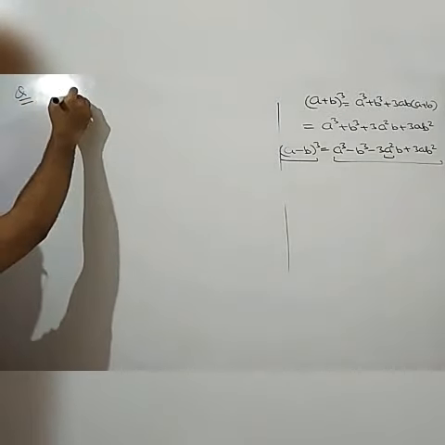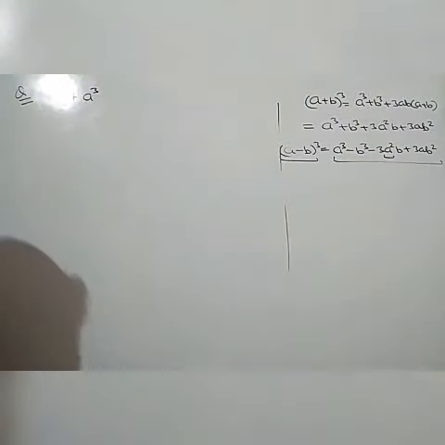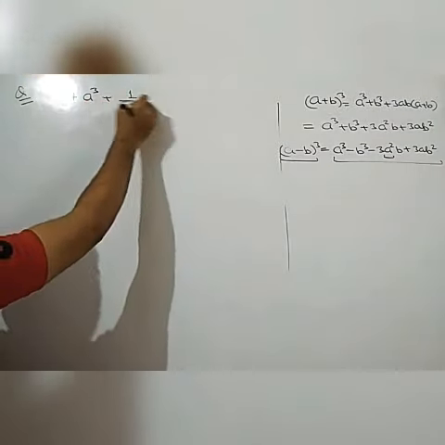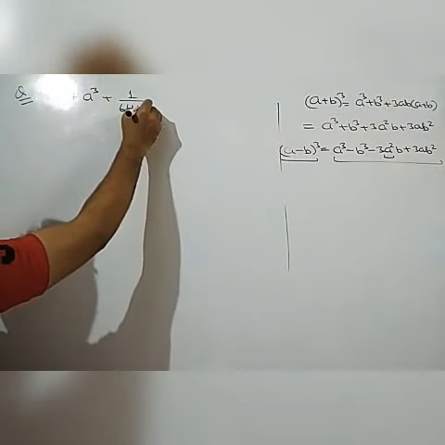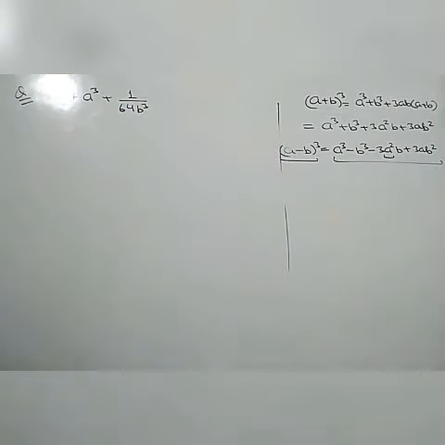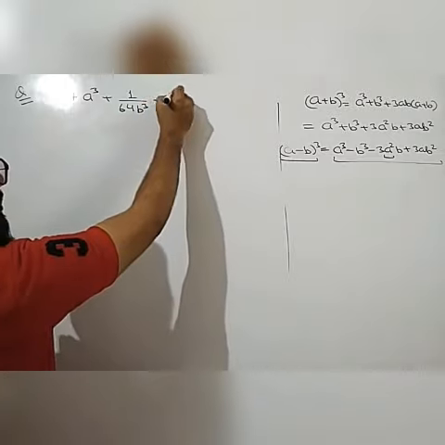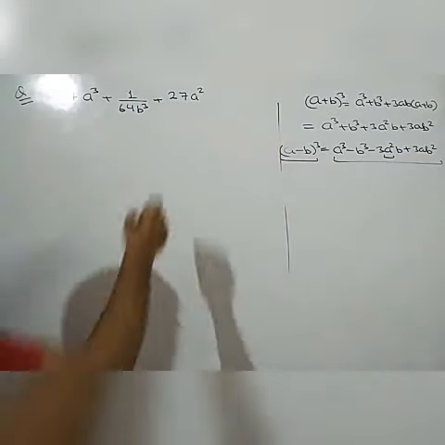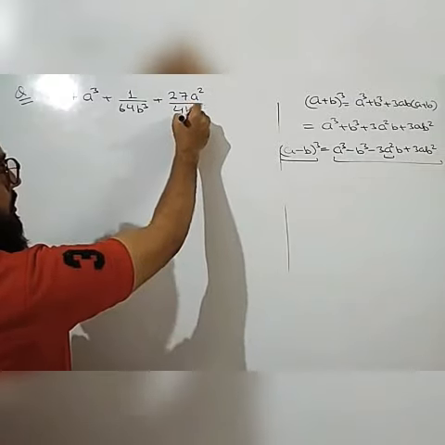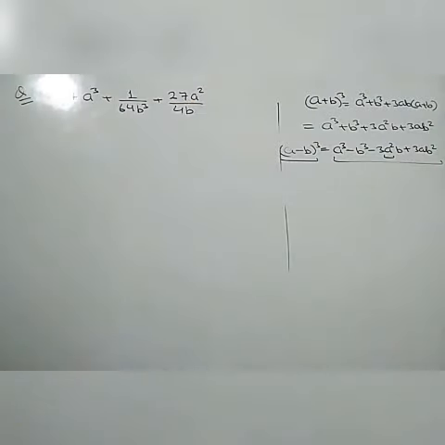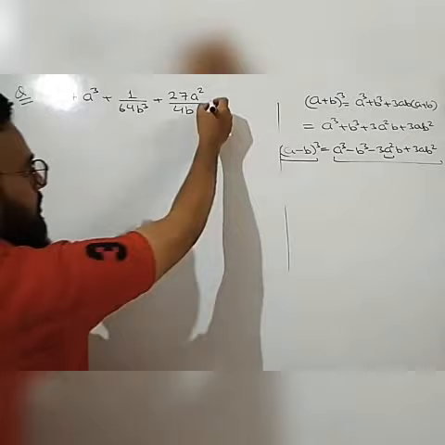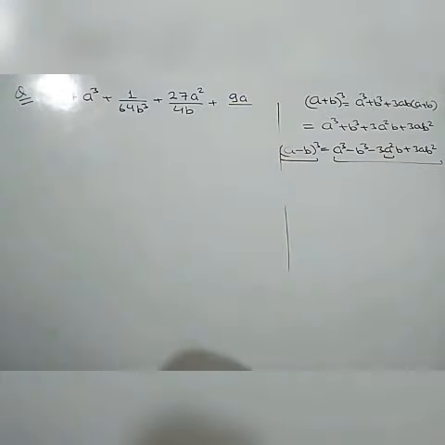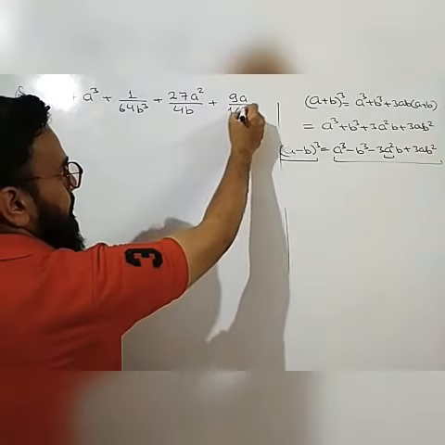27a cube plus 1 upon 64b cube plus 27a square upon 4b plus 9a upon 16b square.